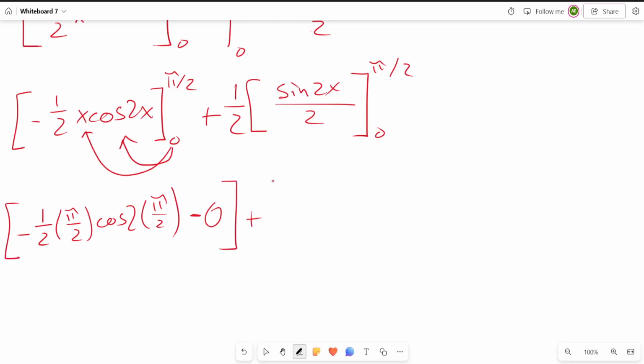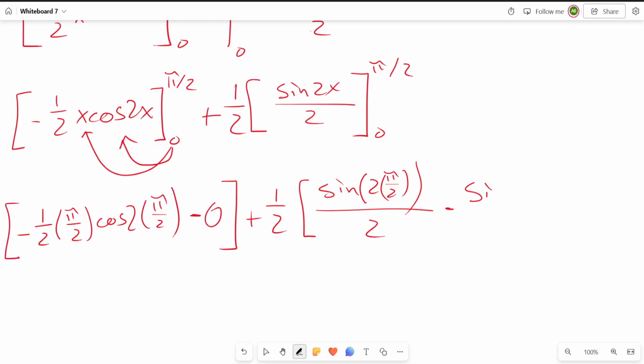And then plus this bit over here. So half multiplied by sine of 2 times pi over 2, minus sine of 2 times 0, which is basically 0, over 2.